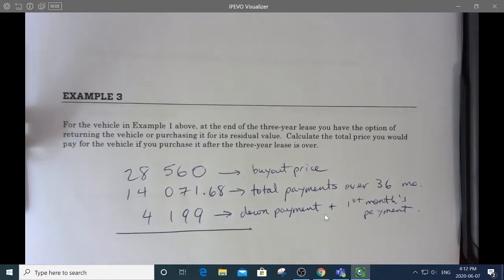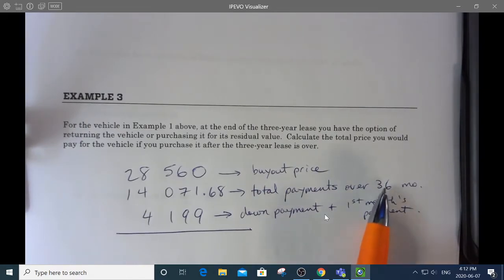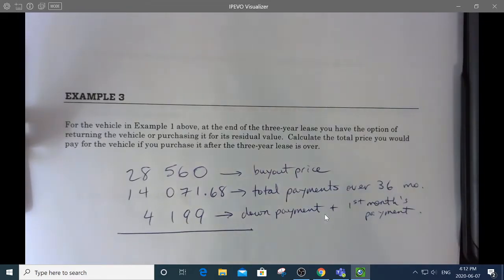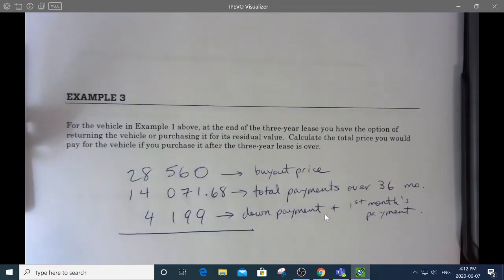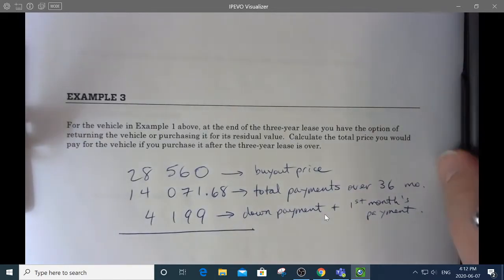Now, it is possible that this 36 might actually include the first month's payment, but it doesn't usually. Usually it's like, okay, you pay for your first month and then it's 36 months, 3 years after that. If that had been the case, I'd have just taken this number and subtracted one more month's payment off of that. Okay? This question kind of was vague in the way it described it, so I'm not sure which way it would have gone.